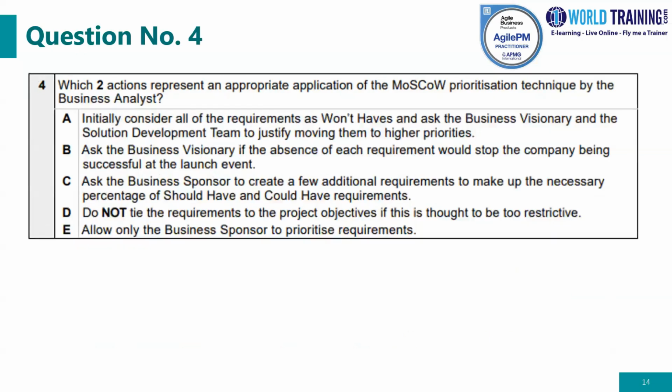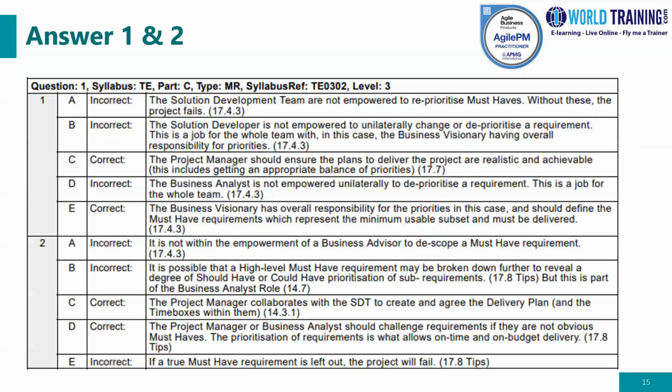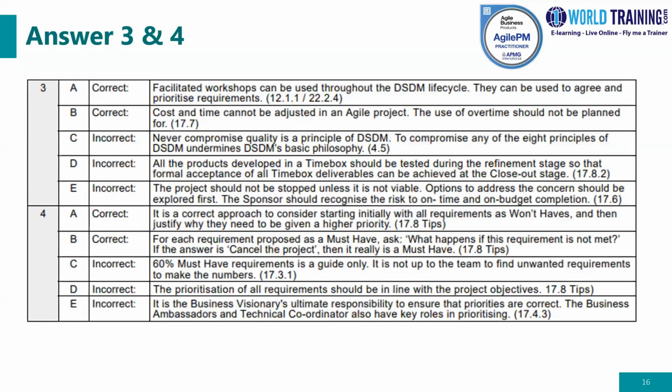Moving on to question number 4. Which 2 actions represent an appropriate application of the MoSCoW prioritization technique by the business analyst? The correct answers are A and B. Now, if you need some detailed explanation regarding the answers, you could look at the answers that are provided over here, questions 1, 2, 3, and 4.